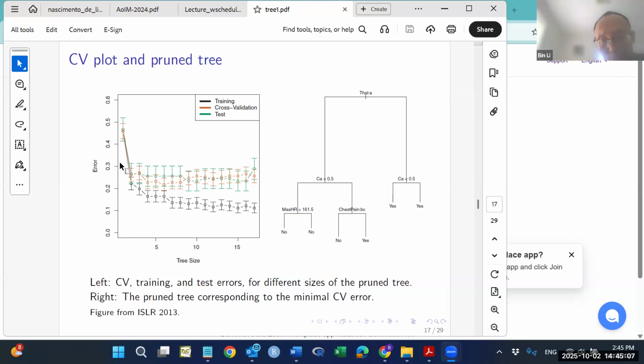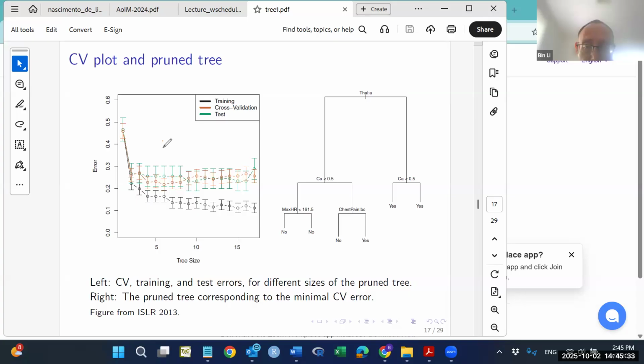You can see the training goes monotonically decreasing, but for the cross validation and the test, it drops and then stabilizes and then goes a little bit up and has some fluctuations. So the optimal one based on the cross validation that we choose has 6 leaves. So the tree size is 6.